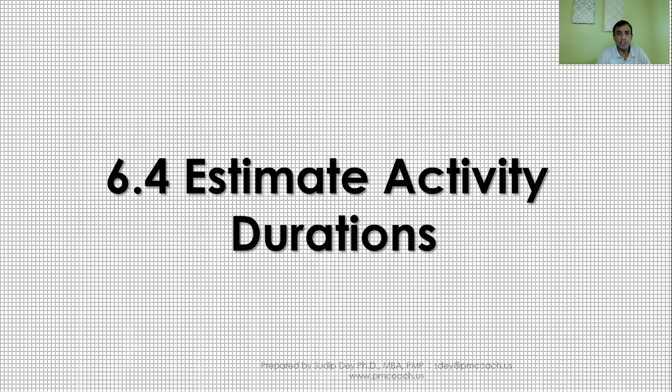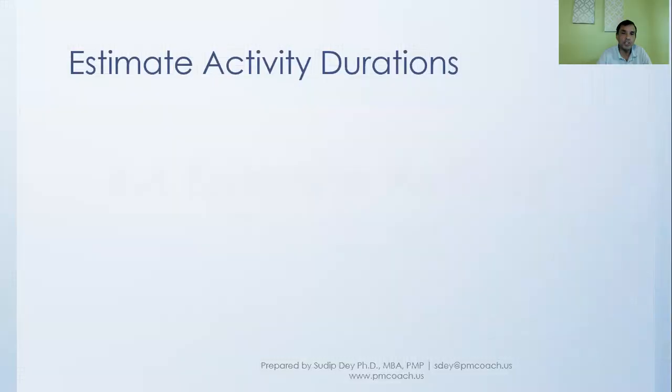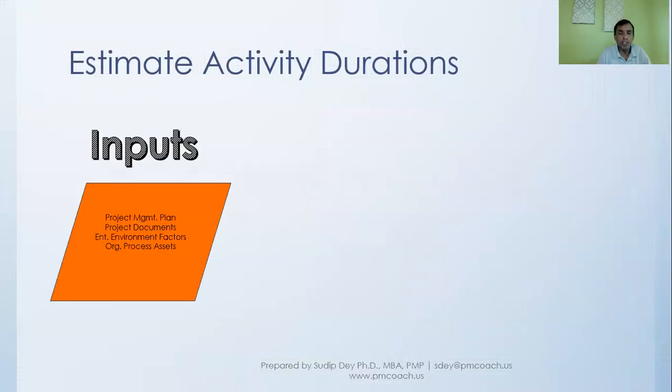The first process that we look at is estimate activity durations. This process has inputs as project management plan, project documents, environmental factors, and organizational process assets.